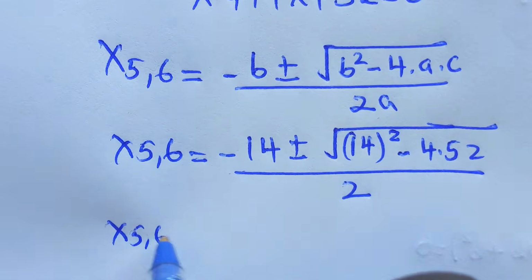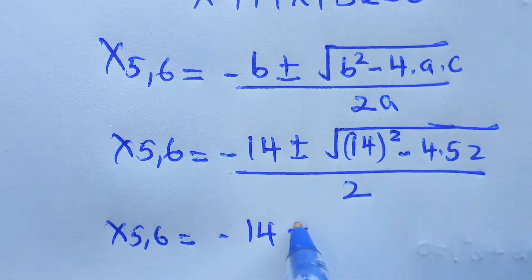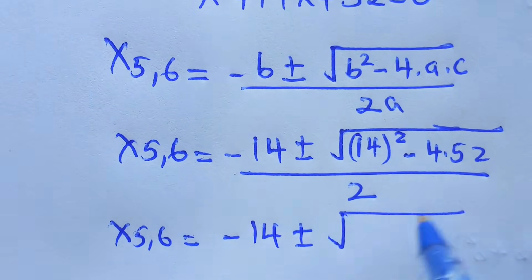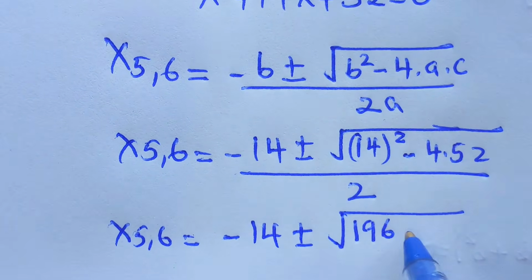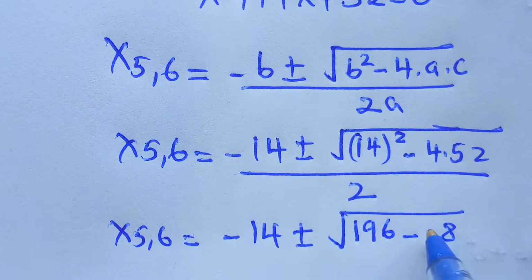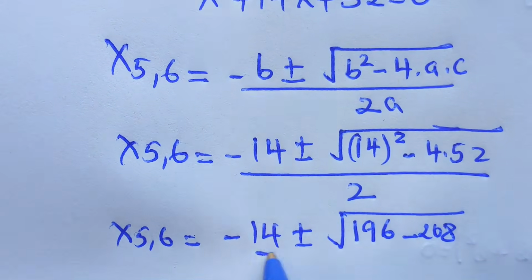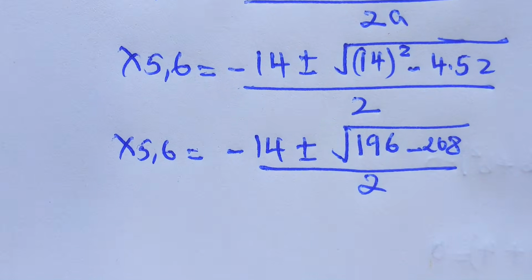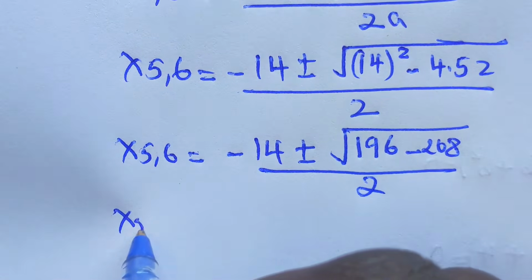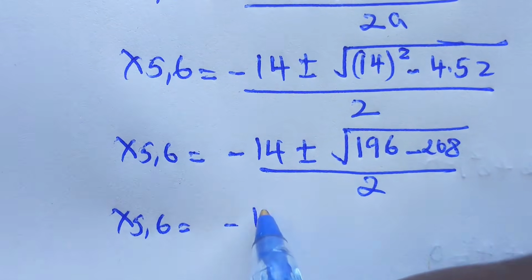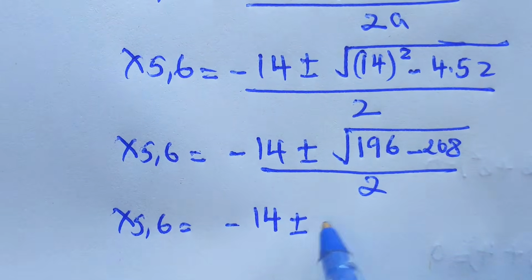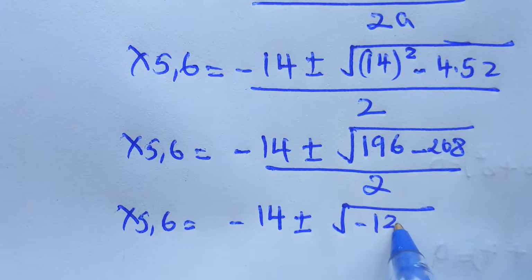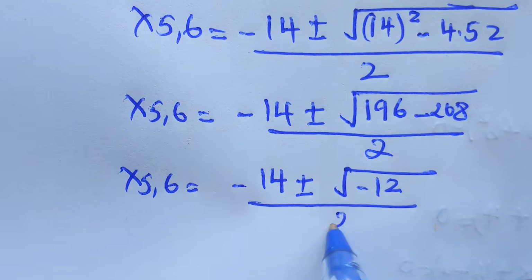That is the square root of 196 minus 208, which is negative 12, over 2.